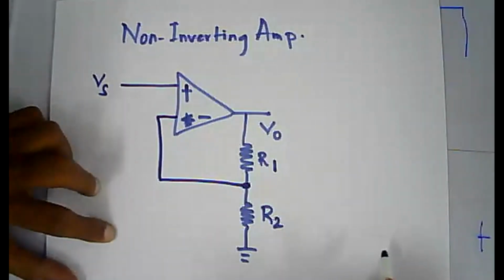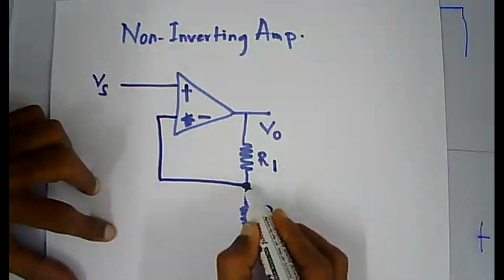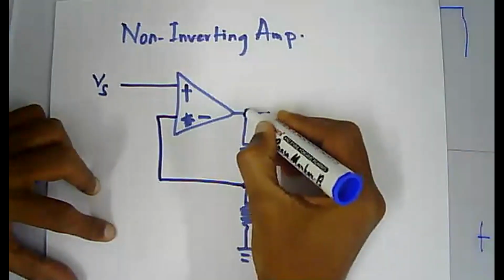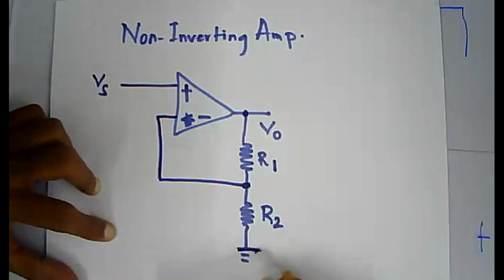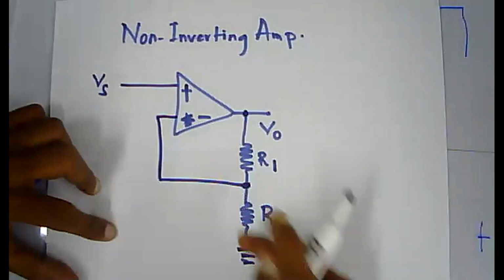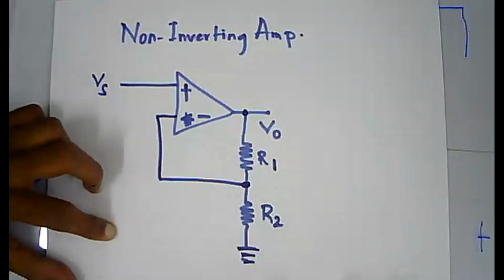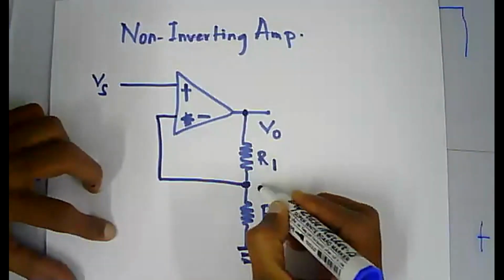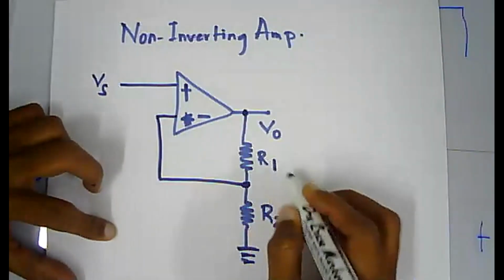Now you can see that, right? This is V out and this is grounded, right? So this R1 and R2 will act simply as a voltage divider, right?